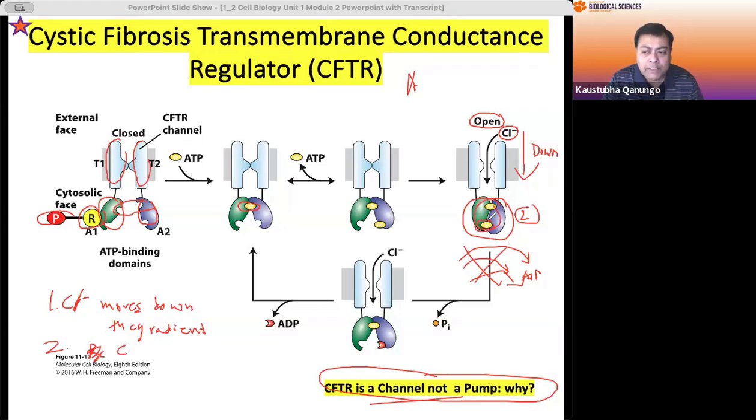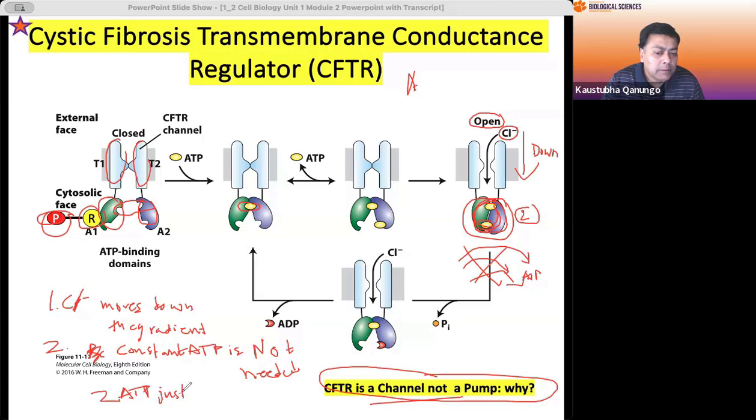So two ATPs to open it, and it will remain open as long as the signal is there and the ATP remains bound to it. Once the signal is gone, this ATP will be hydrolyzed and the channel will stop. So I will write: constant ATP supply is not needed, just 2 ATP to initiate.